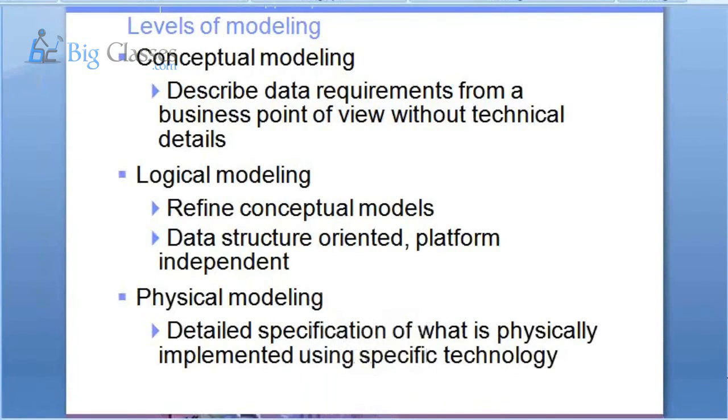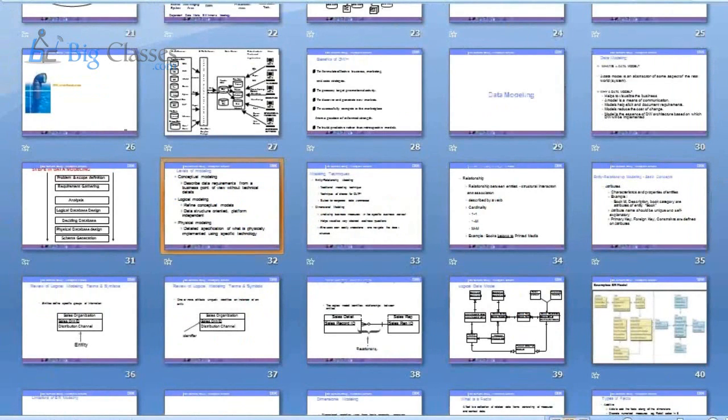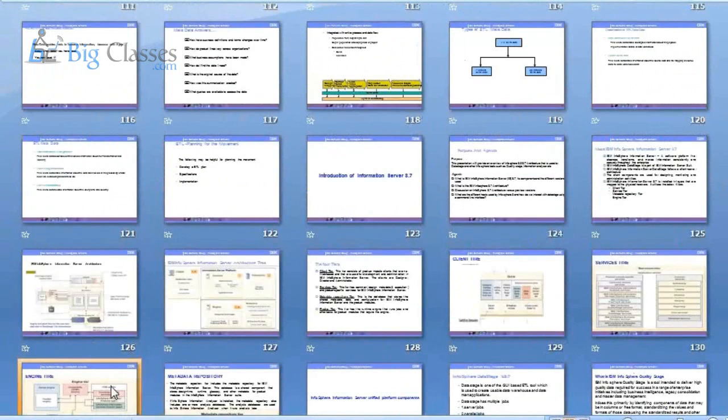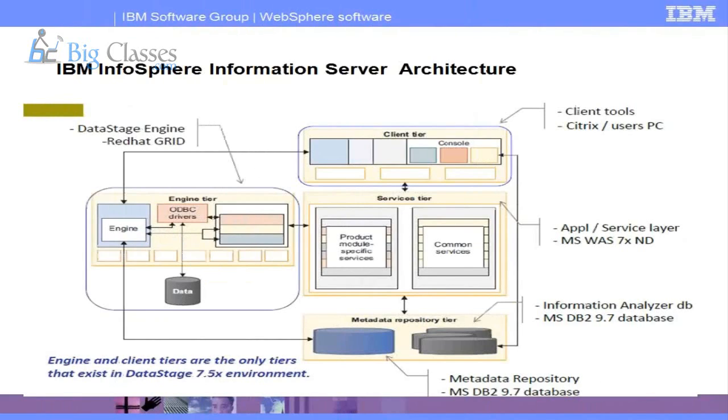Once these are all completed, we'll go for the architecture of DataStage. This is the architecture. When we go for our DataStage tool, we call DataStage from 8.1 version onwards. We are going to call 8.5, 8.7, 9.1, all these versions IBM InfoSphere DataStage and QualityStage.